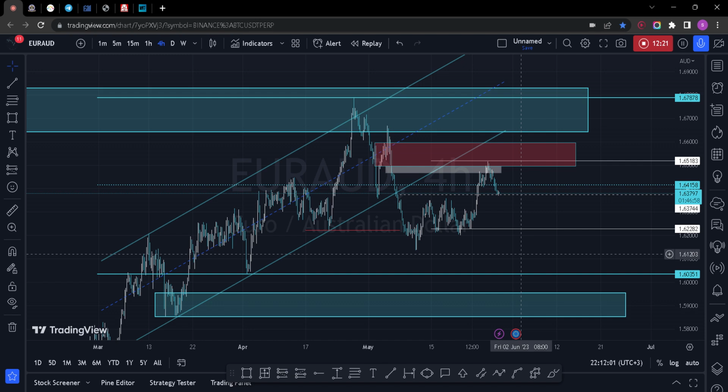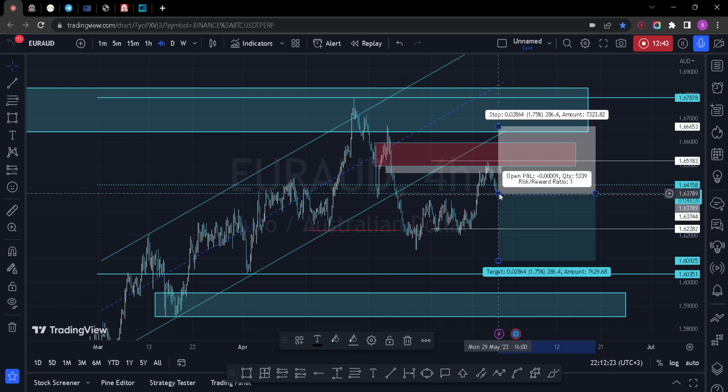So to me, this is a zone where large institutions are selling. They push the price higher. They trapped retailers to provide liquidity to push the prices higher. We've gotten back to my zone, and for me, this is not a late entry at all.